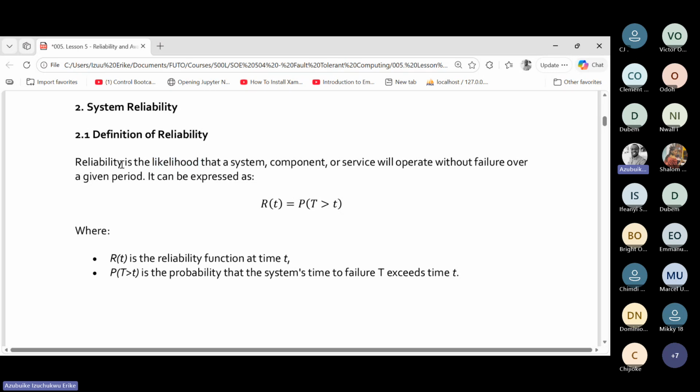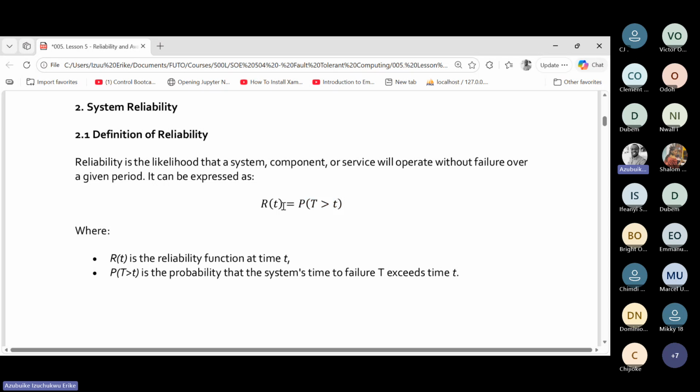So system reliability is the likelihood that a system, component, or service will operate without failure over a given period of time. So it can be expressed as this: R(t) is equal to the probability that T exceeds the present time of reference.